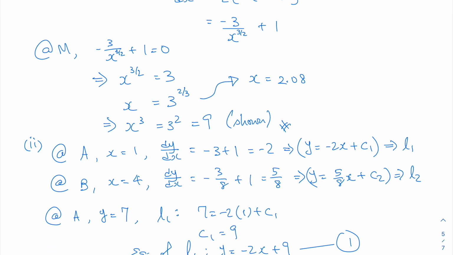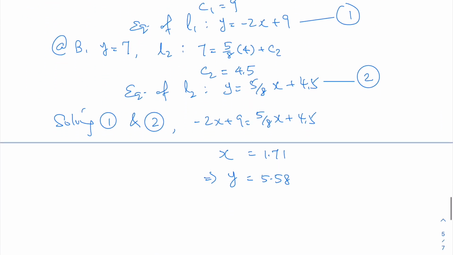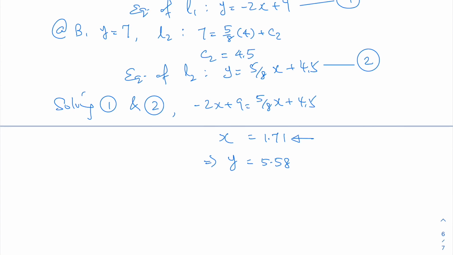This is the x coordinate of M, and here is the x coordinate of P. So this value is smaller than 2.08, so the x coordinate of P is smaller than the x coordinate of point M.